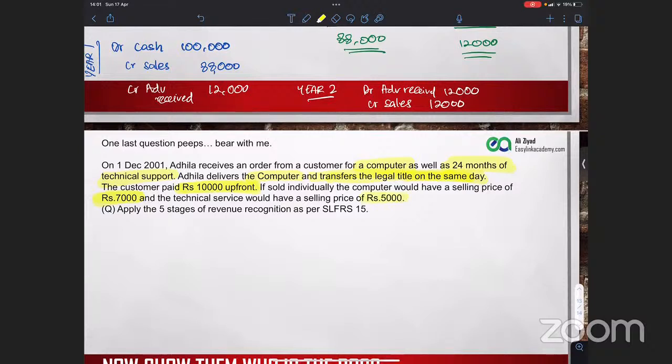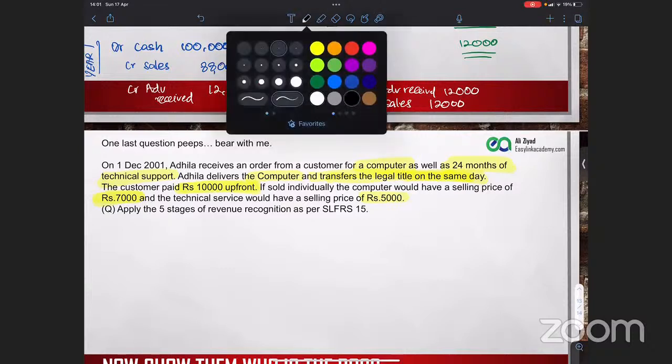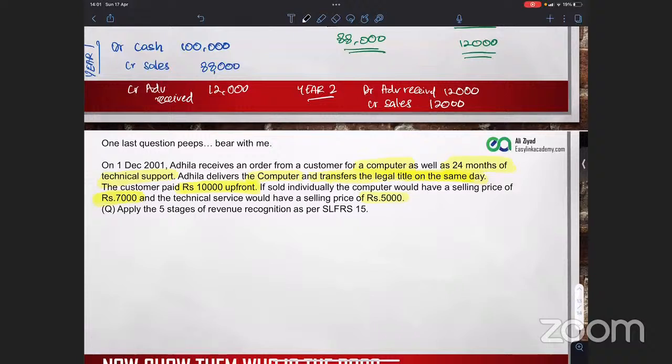Okay. Now let's go through the 5 steps. Tell me, what is the first step? First step is contract. Is there a contract between Adila and customer? Yes. Second step is identifying the performance obligations. What are the two separate performance obligations here?